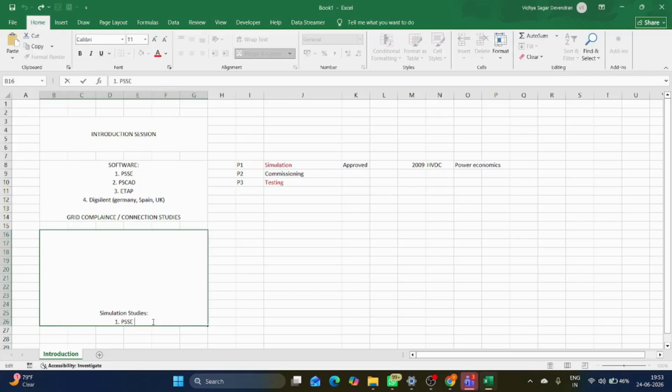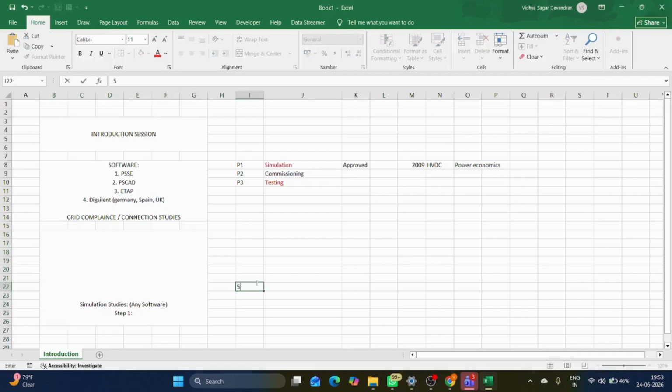Step number one, in any software. What is step one? Let us consider I am going to invest some money in a 50 megawatt PV plant.